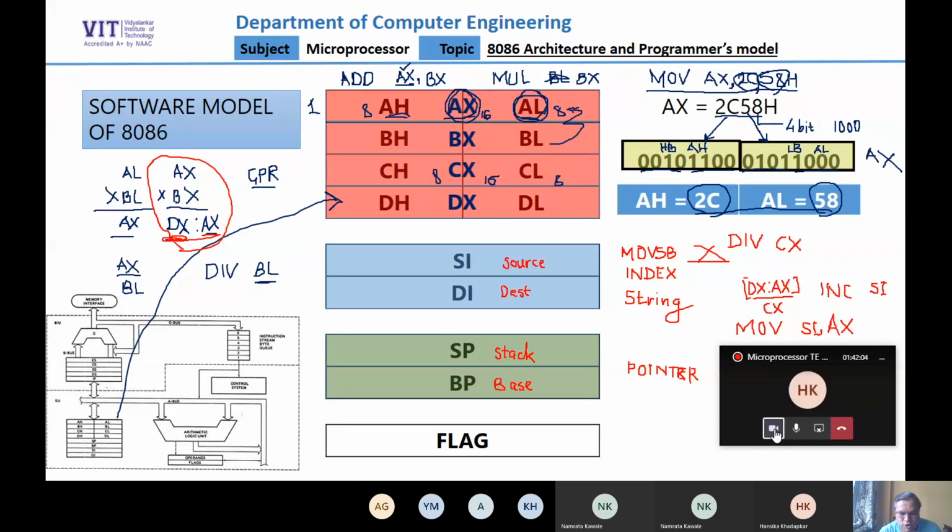In the features, if you want, you can add this point that the 8086 processor supports memory segmentation. It supports 4 segments in its memory: the code segment, the data segment, the stack segment, and the extra data segment.